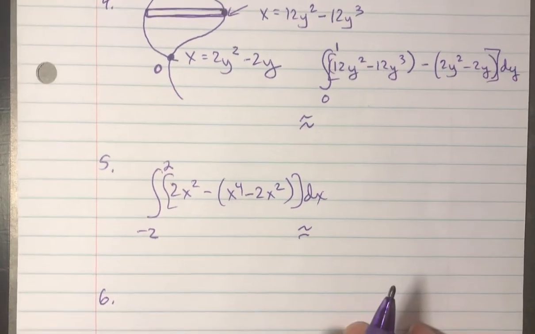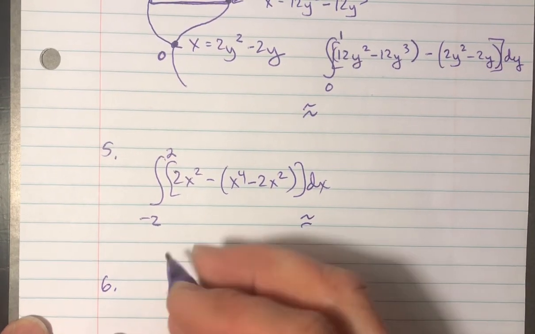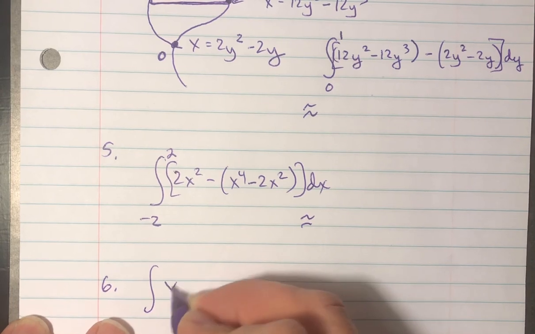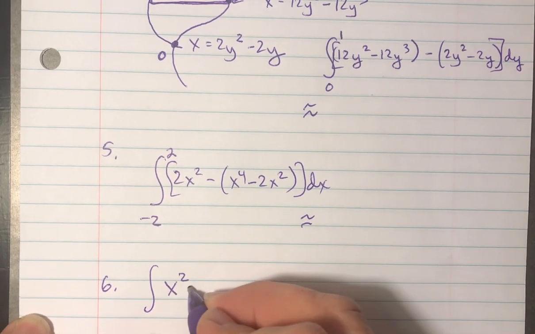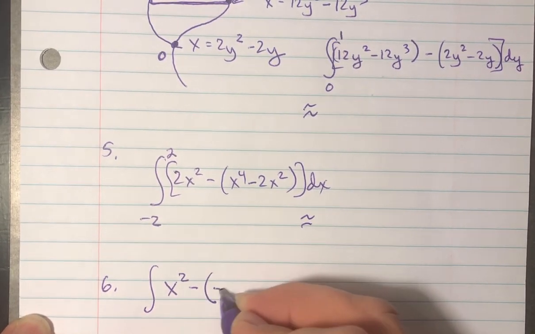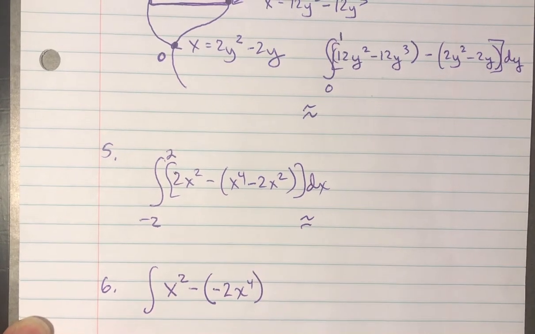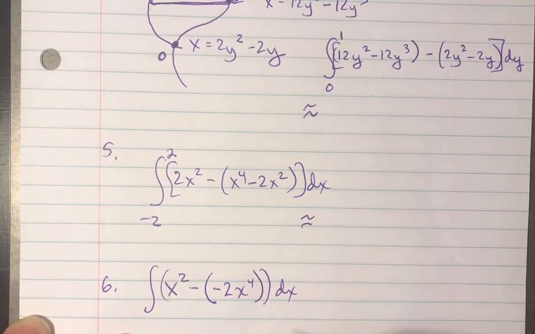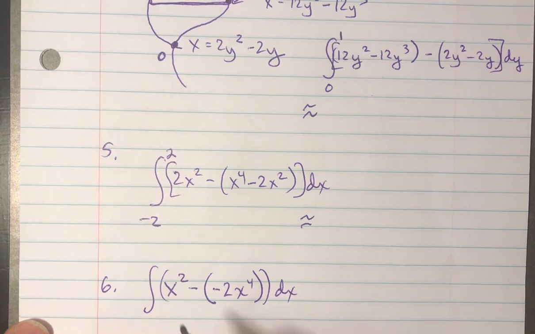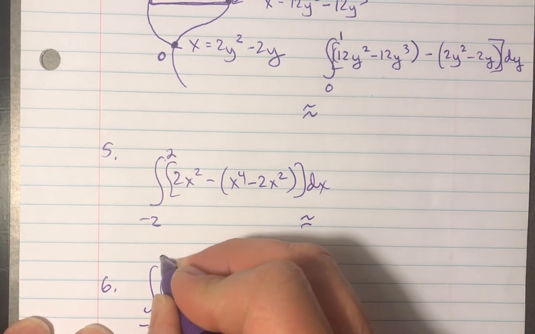For 6, our upper function is x squared. Our lower function is -2x to the 4th. And we are going to integrate from -1 to 1.